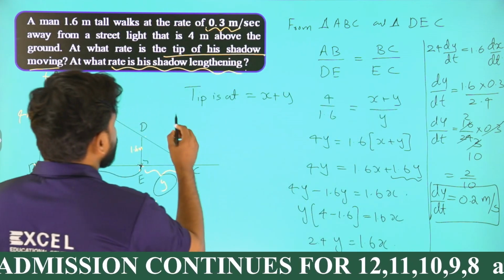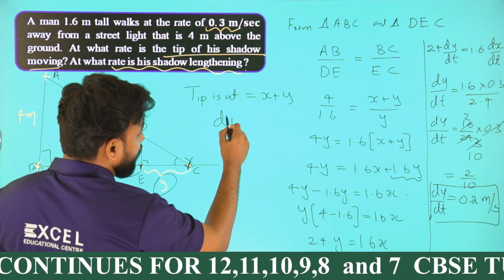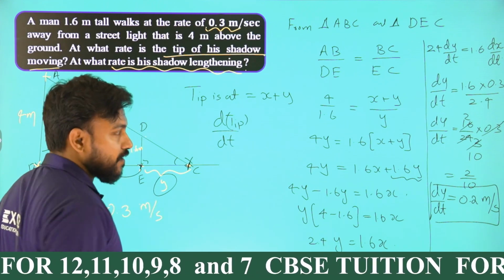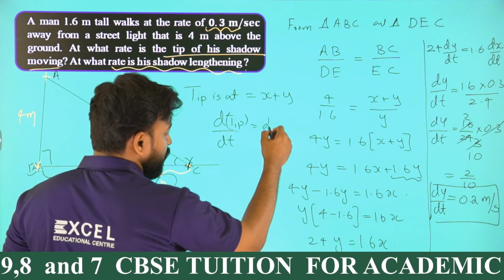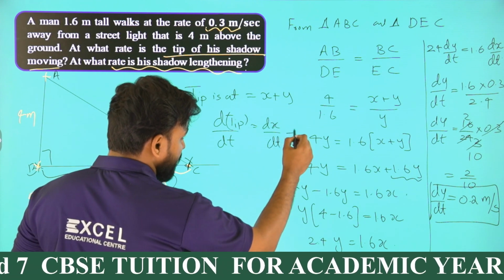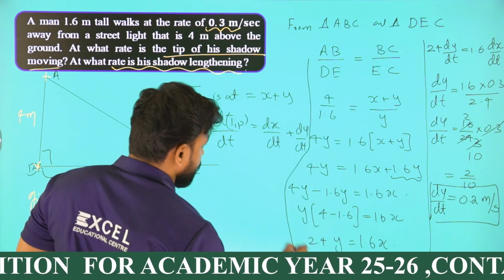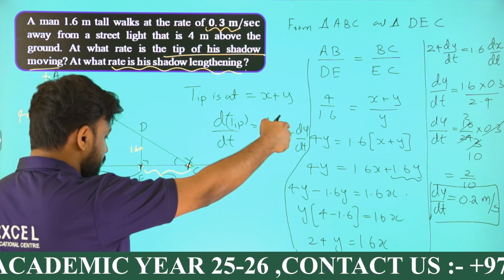So what they ask for is the rate of change of the tip moving. That means d tip by dt. So we are going to differentiate this equation with respect to t. So you have to write dx by dt plus dy by dt. Ready? So the answer will be dx by dt plus dy by dt. What is dx by dt?